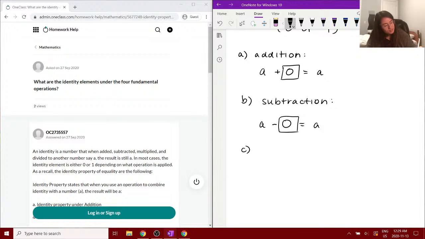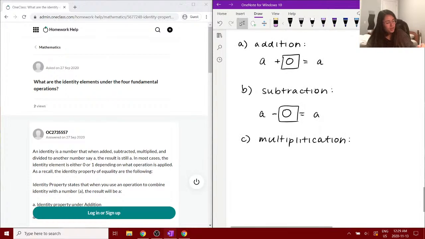Let's see, for multiplication, if we have a, and well, if you try multiplying by 0, you get 0 back, right? So in this case, the identity element is not 0 anymore. In this case, it's 1.